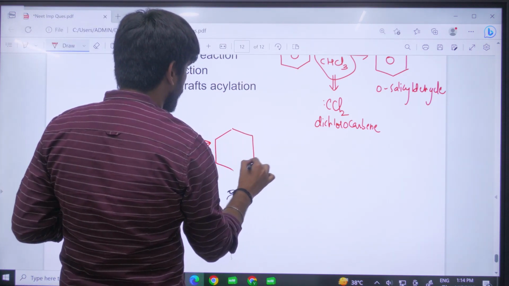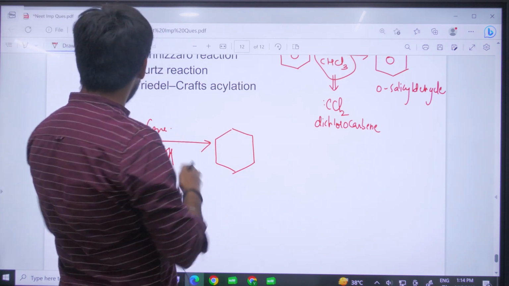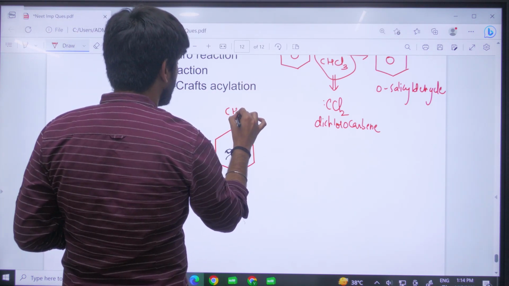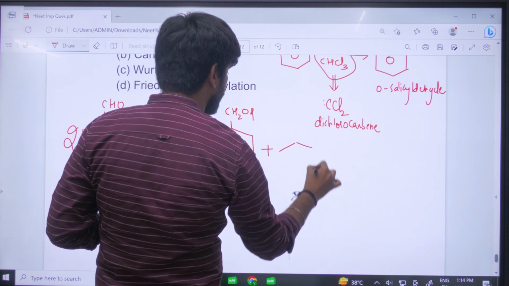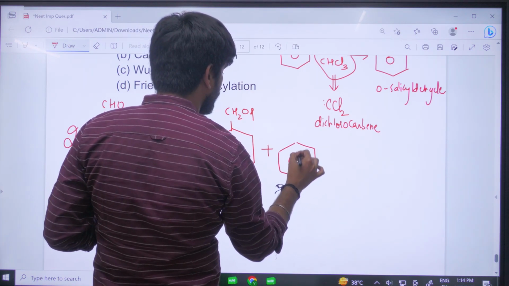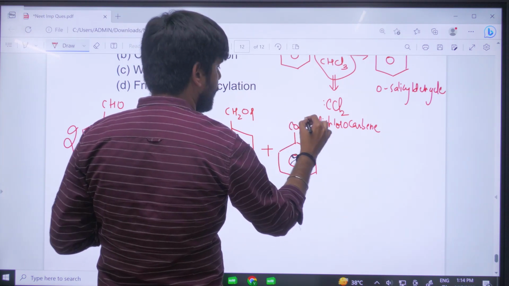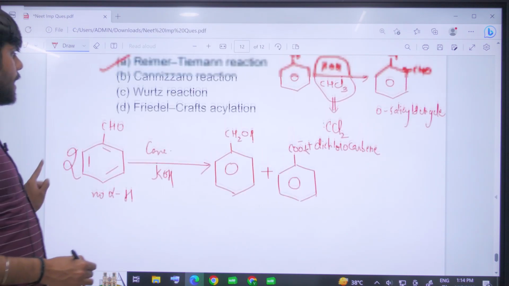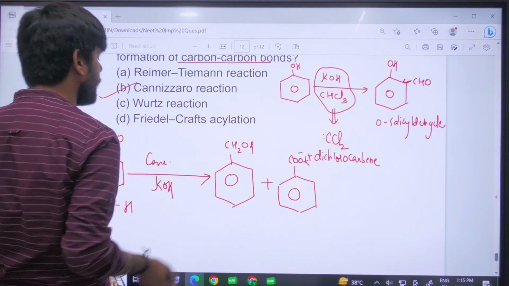One molecule will get reduced, basically I will get the self reduction product, which is your alcohol, and the other molecule will give you the self oxidation product, that is COOH, but since I have base, this is COO minus K positive. So if you see, I do not have any new carbon-carbon bond, so I think this is the answer only.